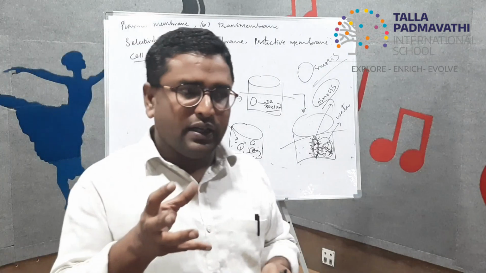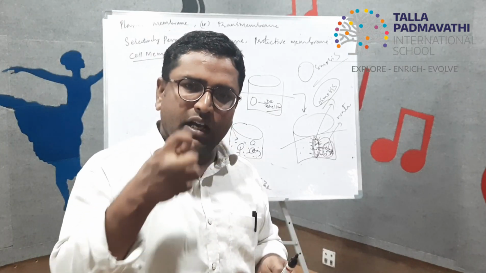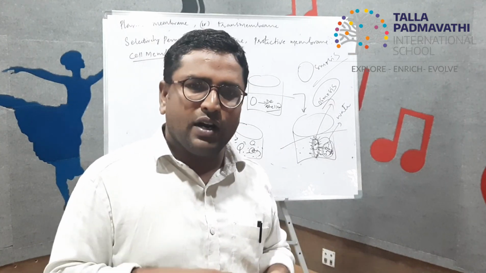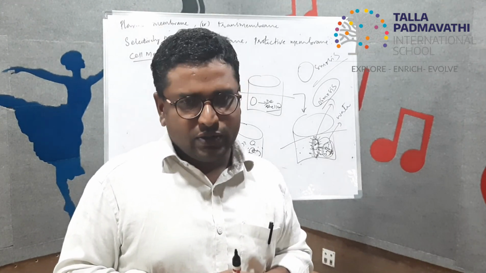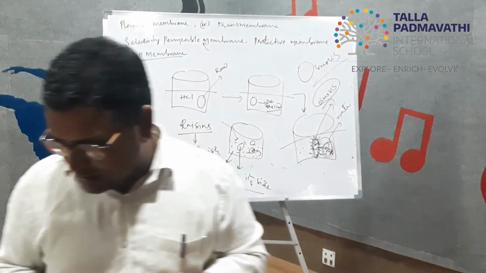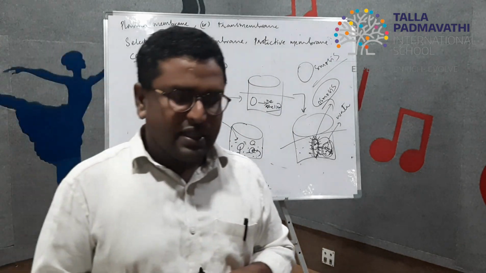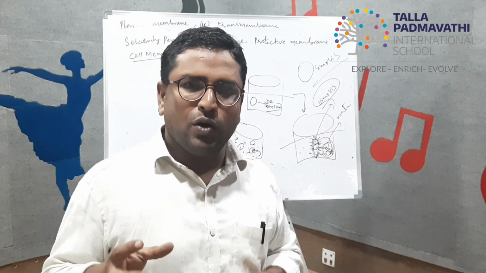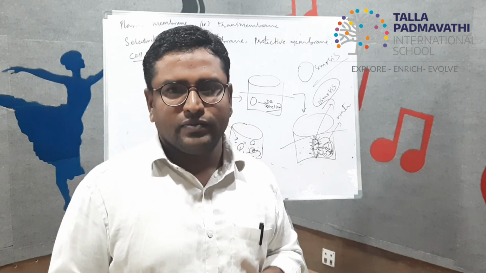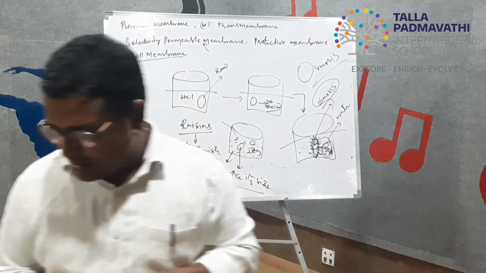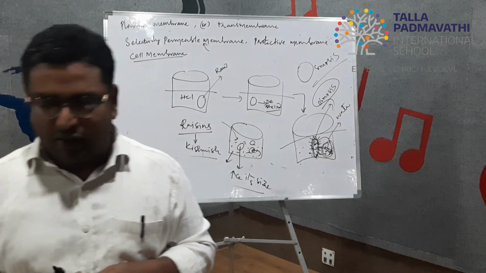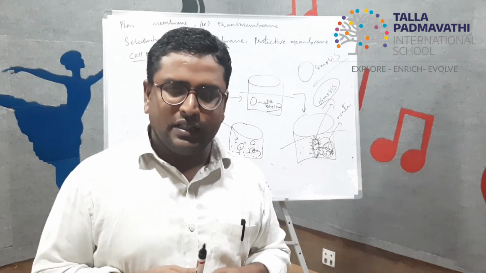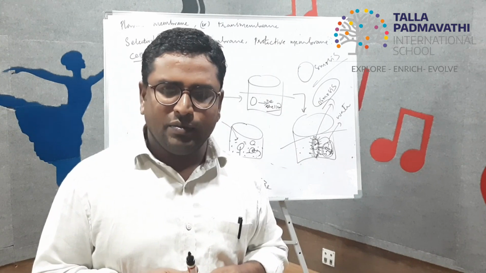With the help of the plasma membrane they engulf the food substance. Most of these organisms use their cell membrane as a mouth to take food inside. So with this we have almost completed the plasma membrane topic, a very big topic.